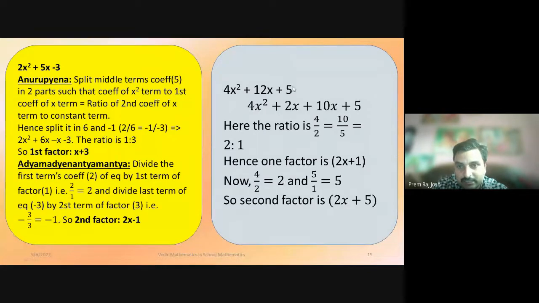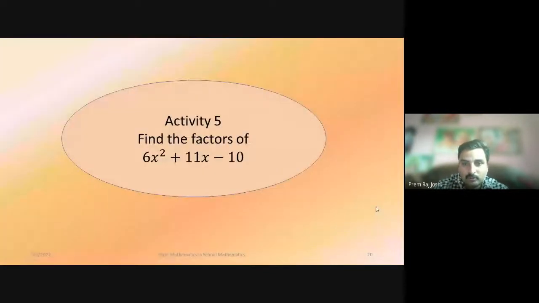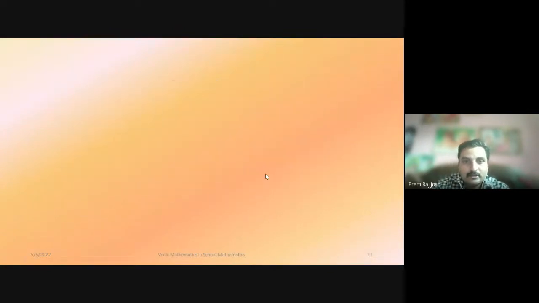The constant term of the polynomial, 5, is divided by the last term of the factor, 1, and we get 5. So the other factor will be 2x plus 5. I will not go to the activity because of time constraint, so you can go through this in a simple manner.